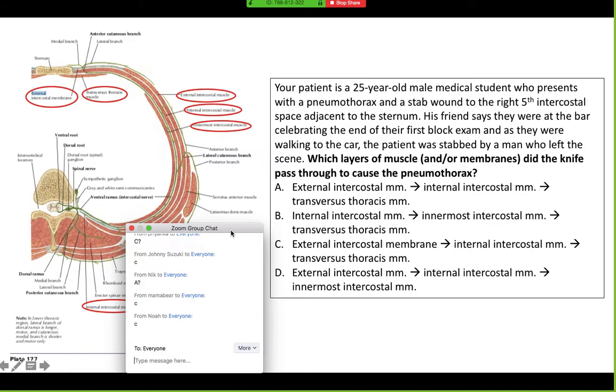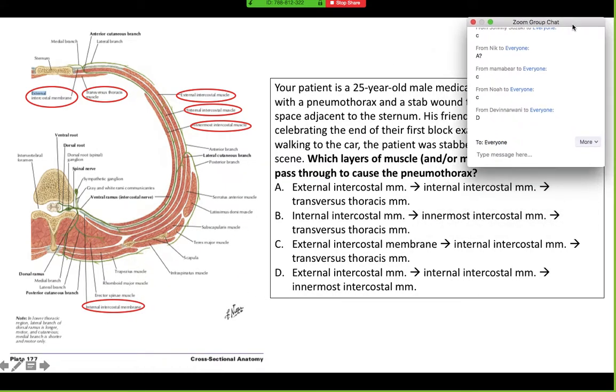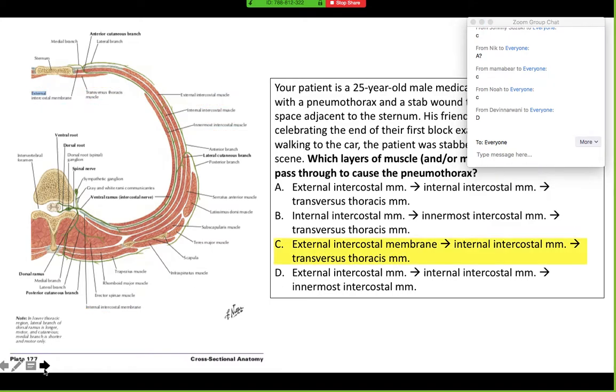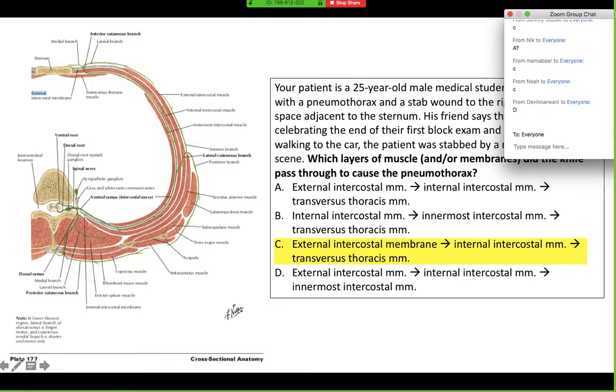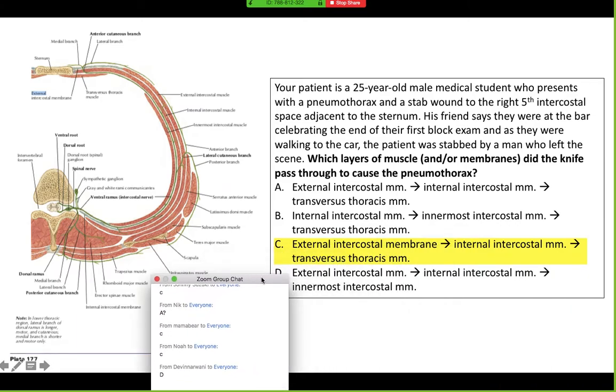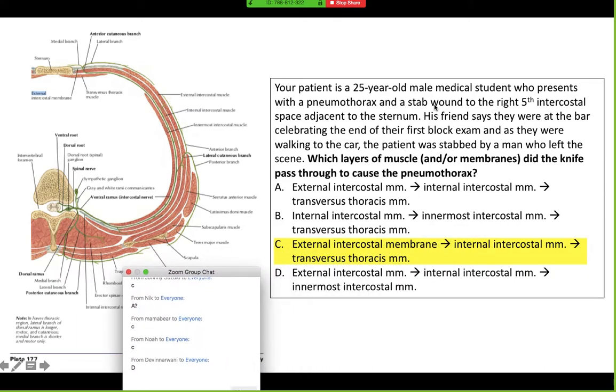Okay, I'm getting a lot of C's, I'm getting a lot of D's. So the answer is C, and I wrote this question. He was stabbed in the right fifth intercostal space adjacent to the sternum, so that means right next to the sternum.